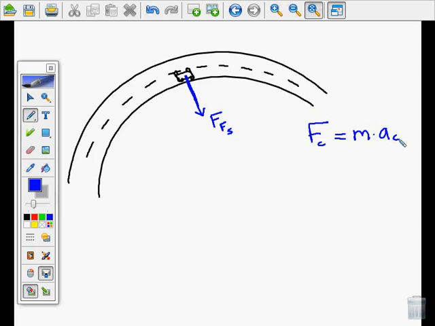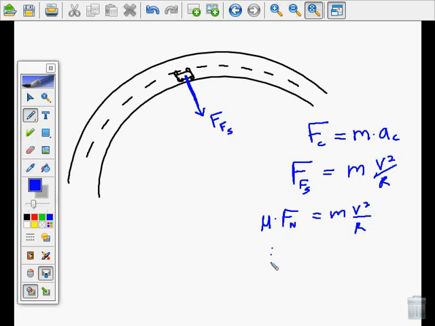It's actually a sideways static friction force providing the centripetal force. And then from there you could substitute mu times F sub n and keep going down with the substitution. So sometimes it's a string, and the tension in the string provides the centripetal force. Sometimes it's a sideways friction force.